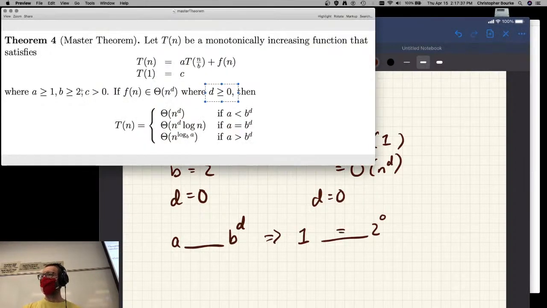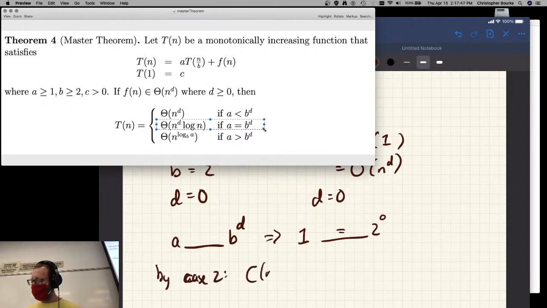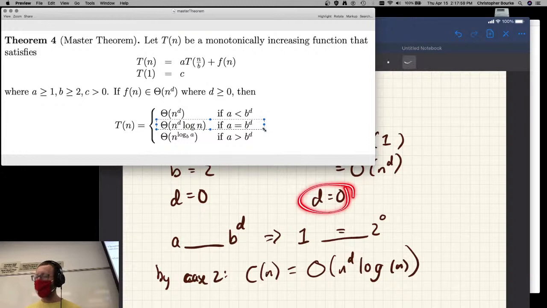And by case 2 of the master theorem, I have that c sub n, the number of comparisons made by binary search on an array of size n, is going to be order n to the d log n. However, what did we just say that d was? 0. So what happens to this? Goes away.